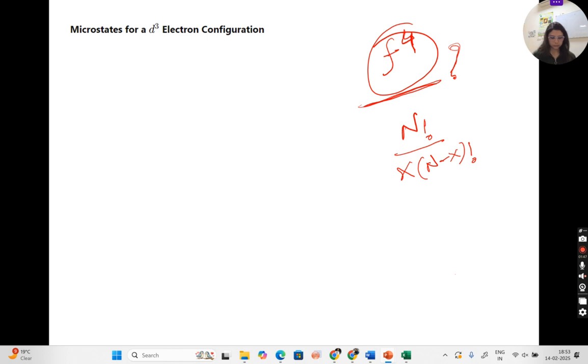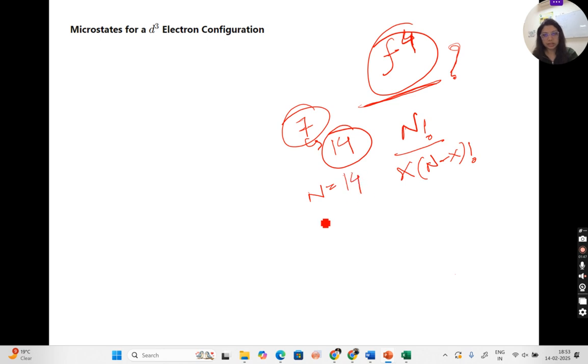Okay, then let us calculate for this. f has a 7 orbital system, and twice of this will give us 14. So the value of n is 14. x, we have 4 here.